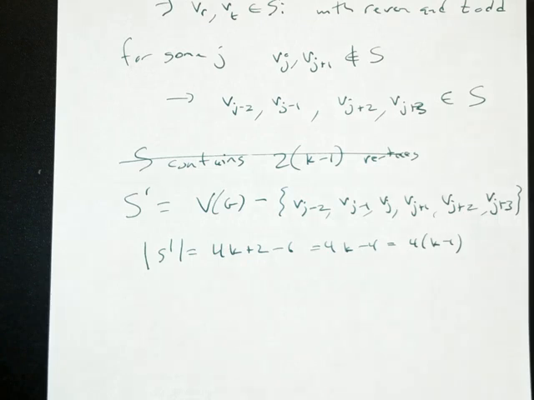That's 4 times the quantity k minus 1. But I have to have 2 for each Si, don't I? And out of this set, I need to have 4.